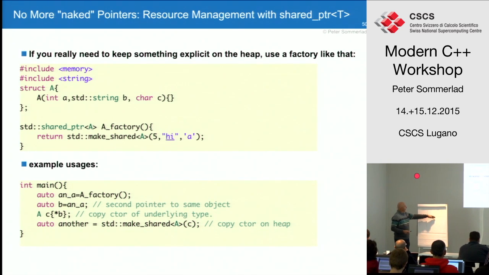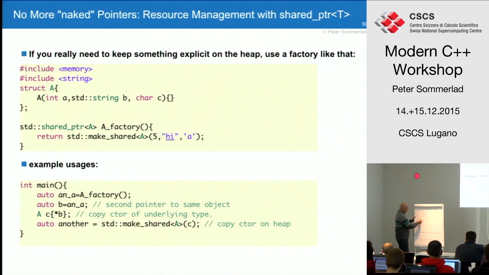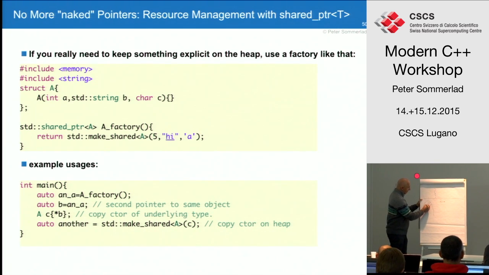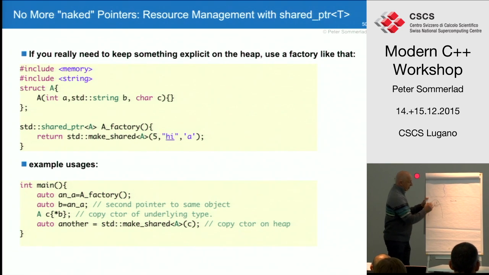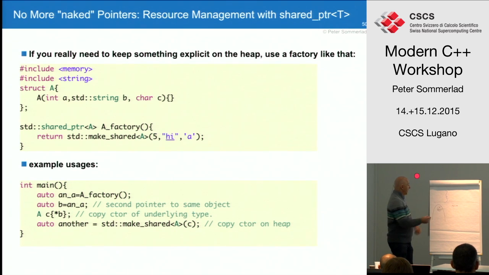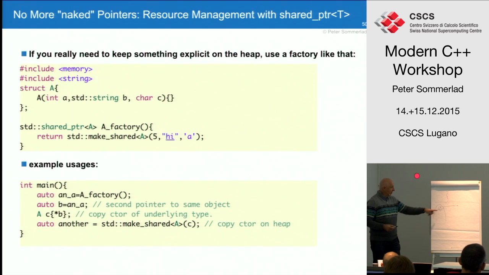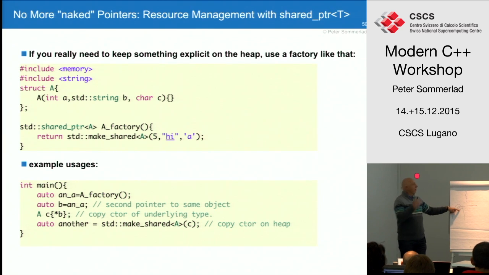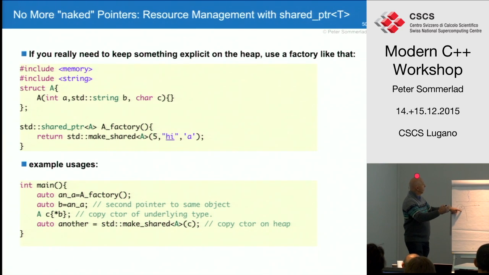We call the factory function that actually allocates space for an A here, plus a little bit of extra space for the reference counter, 1. We return from the factory, and NA actually refers to this piece of memory, including the reference counter. It stays at 1 because we return a temporary, and that gets assigned to NA, and it sticks at 1.